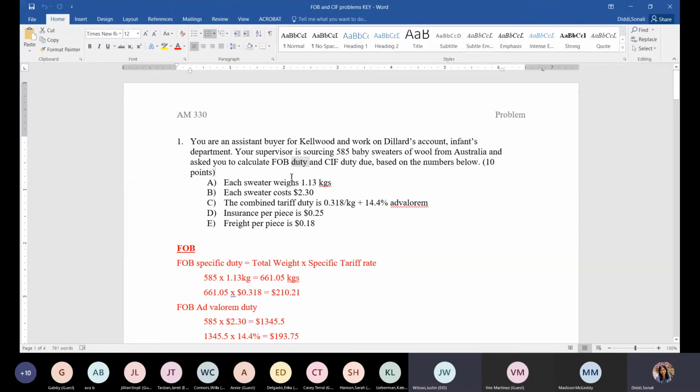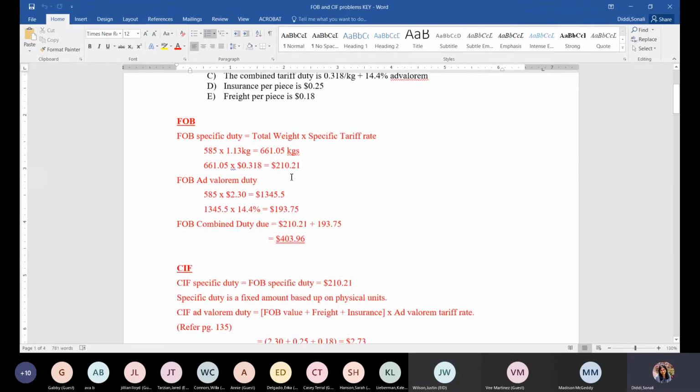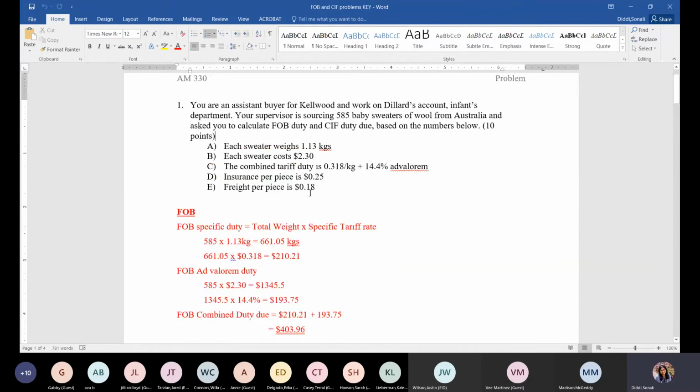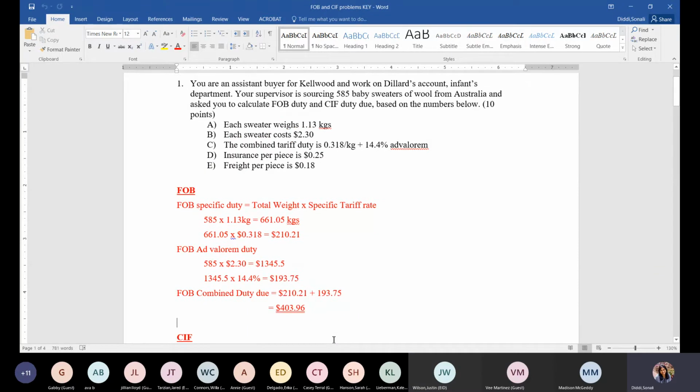So the question is asking you just the duty part of it. But let's say I had asked you, what would each sweater cost me? Okay, so this is your duty. And if it had asked what would be the FOB price of each sweater, then what I would have to do is take 403.96 divided by 585.